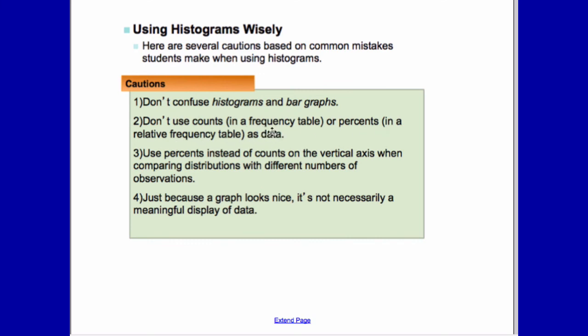Realize that they're just numbers and quantity. Use percents instead of counts on the vertical axis when comparing distributions with different numbers of observations. That's a perfect example. When different numbers of observations, then you want to stick with percents. And just because a graph looks nice, it's not necessarily a meaningful display of data. Just always keep that in mind.